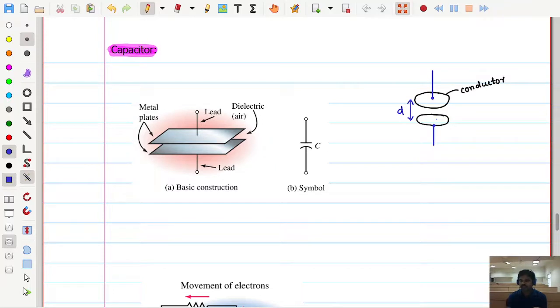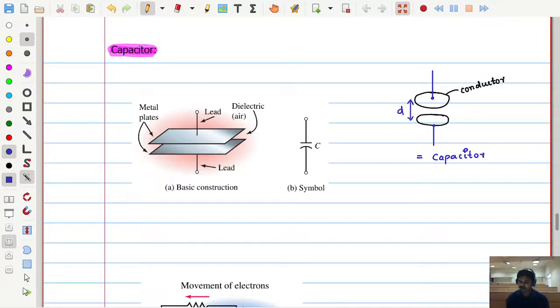How does the coin look? It looks like a plate. So these are conducting plates separated by a distance. Anything which is a conducting plate separated by a distance forms the capacitor.